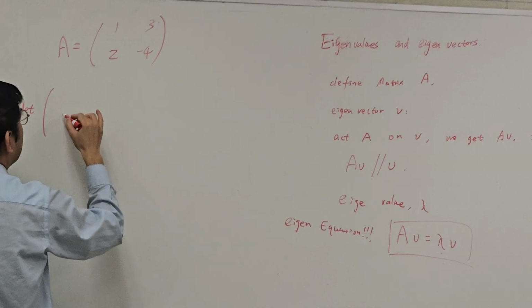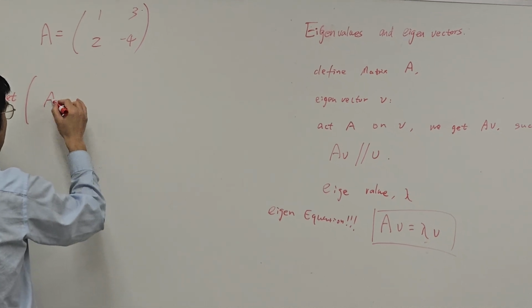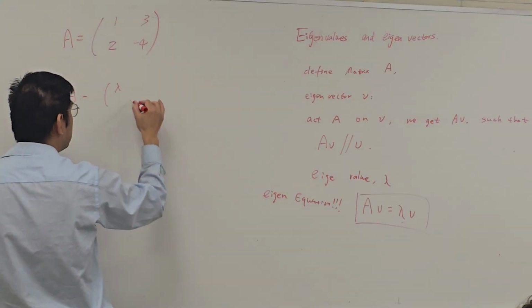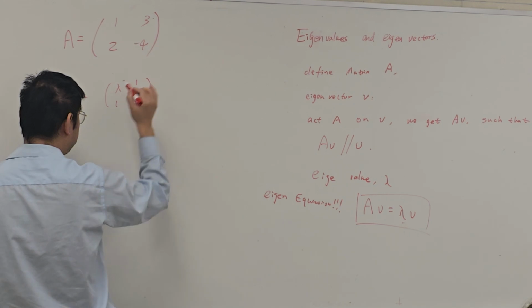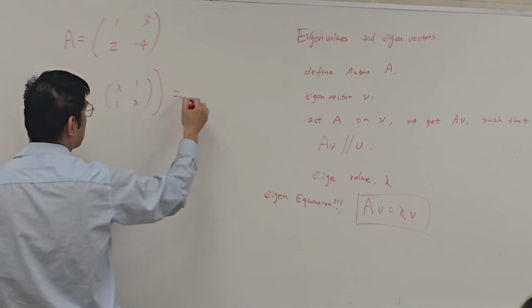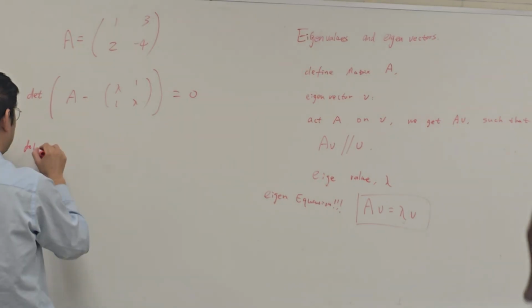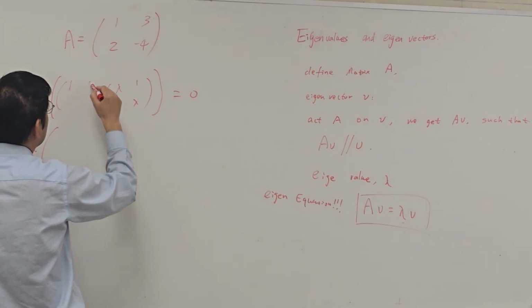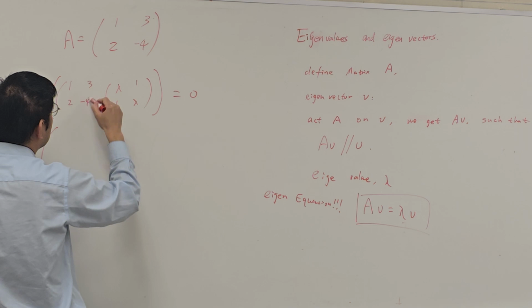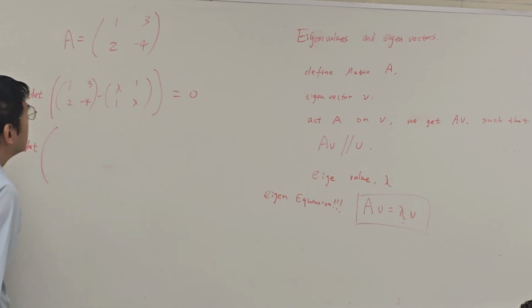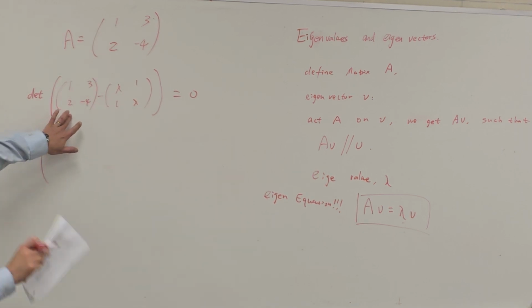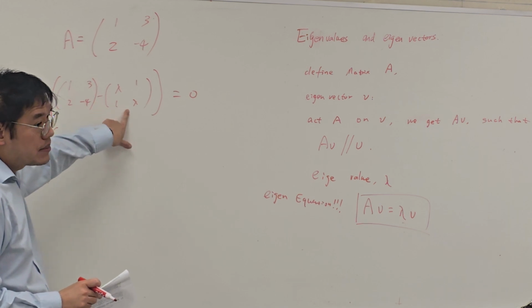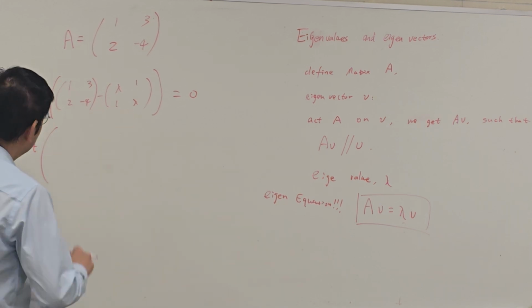So the determinant of A minus lambda times I equals 0. This is A, right?